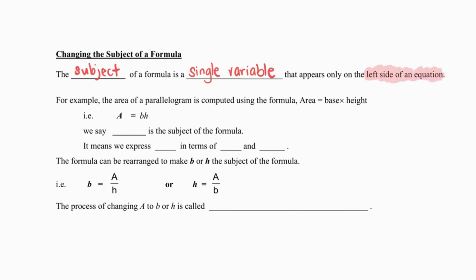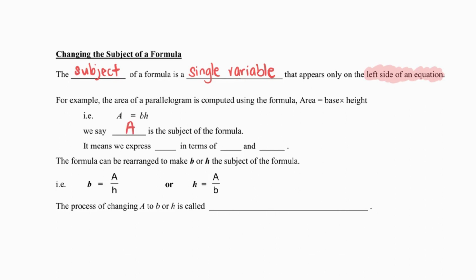Okay, so for example, the area of a parallelogram is computed using the formula area equals base times height. So if we use A to denote area, B for base, and H for height, then we say that the variable A, in this case, is the subject of the formula.